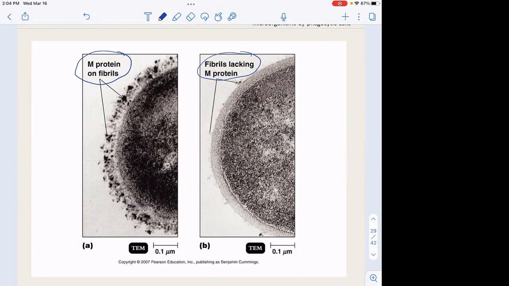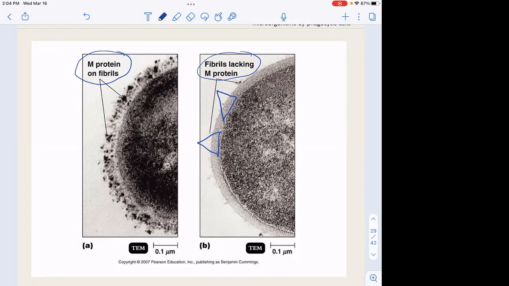As to why this keeps the cell from being phagocytized, this gets a little ahead of ourselves, but we have certain proteins that we make called complement proteins that will bind to the outside of cells, and then the pseudopods of the phagocytic cells have a better chance of grabbing hold of that cell and enveloping it.